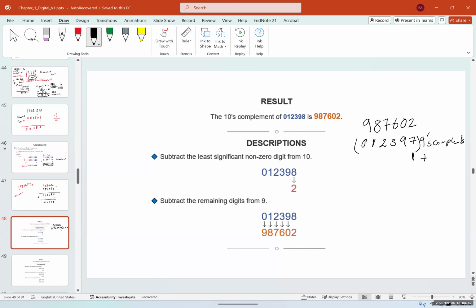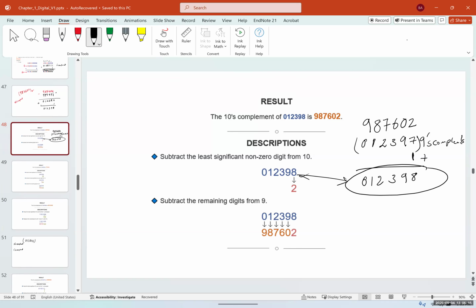Now, what happens if I add 1 to it? It's going to be 012398, and you can see that these two numbers are the same. So two ways: you can find the 9's complement and add 1 to it, or you subtract the least significant digit from 10 and the rest from 9. This is the easier way to do it.